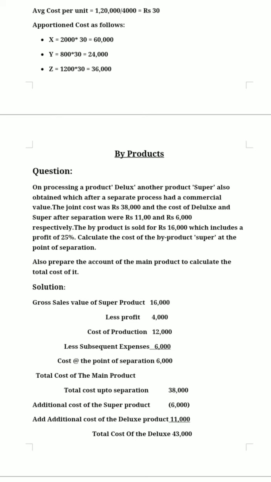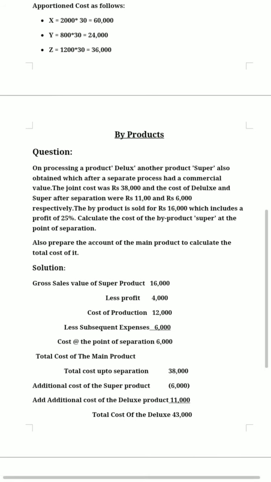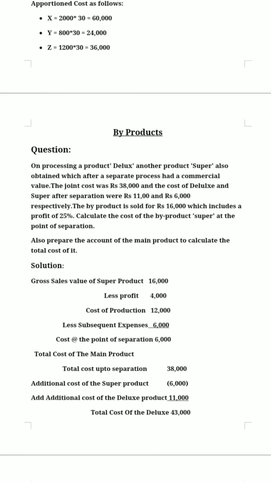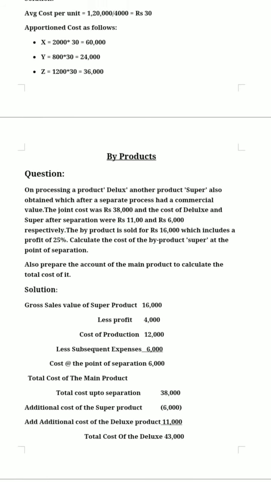The byproduct is sold for 60,000, which includes a profit of 25%. Calculate the cost of the byproduct super at the point of separation. Also prepare the account of the main product to calculate the total cost of it. From the question we understand that we need to calculate the cost of the byproduct super and the cost of the main product, that is delivers.